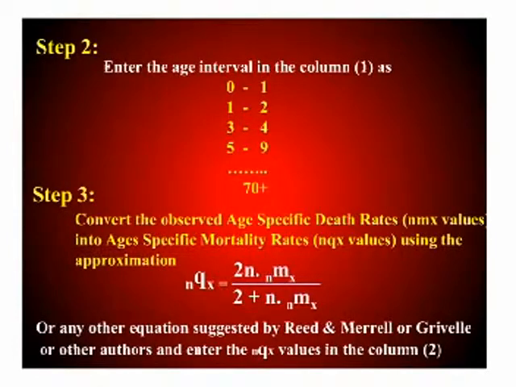Step 3, convert the observed age specific death rates, that is mx values, into age specific mortality rates, that is qx values, using the approximation qx equals 2mx divided by 2 plus mx, or adopting any other equation suggested by Reed-Merrill or Grewal or any other author, and enter the qx values in column 2.